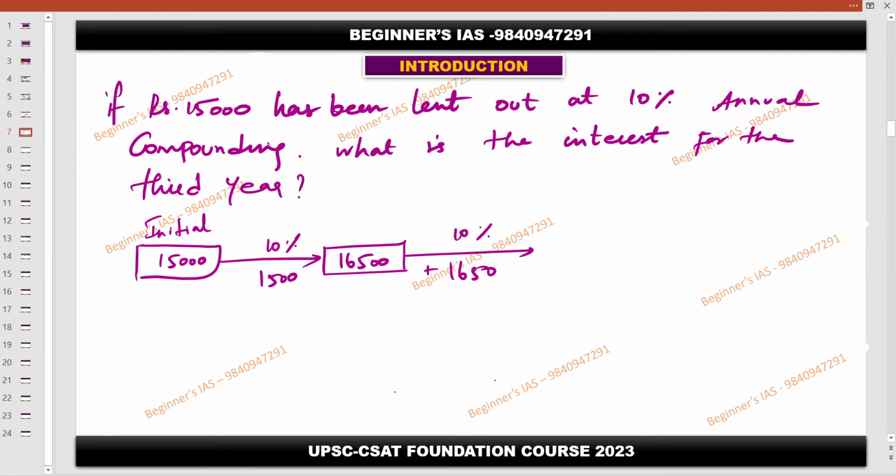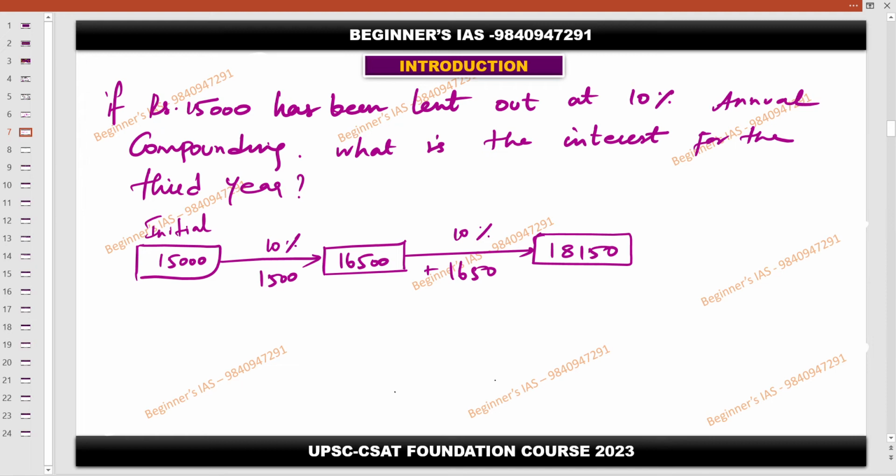Then this will be added with the 1650. Therefore what would be the principal of this one? 18150, right? Therefore this is the principal. Listen carefully.